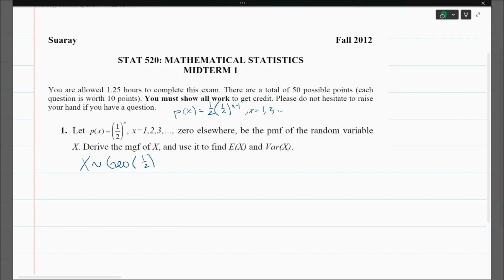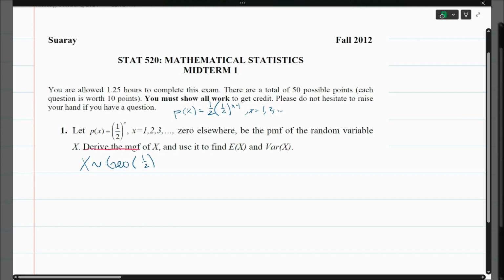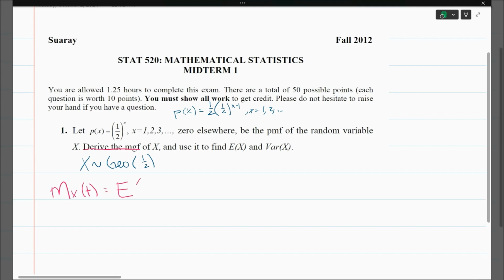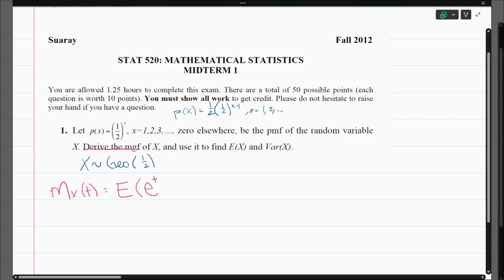All right, so deriving the MGF, M_X of t, means we are going to find this expression. And finding this expression means we'll multiply e to the tx times p of x over the entire range of values of the random variable.